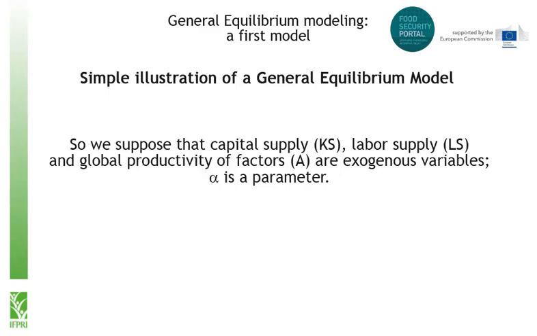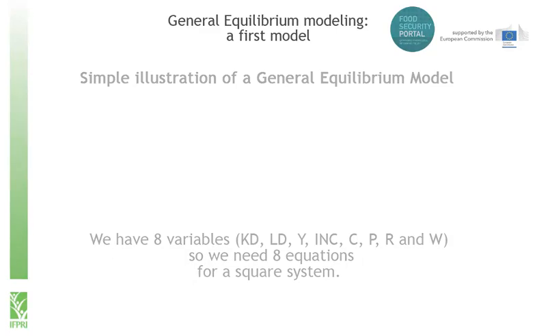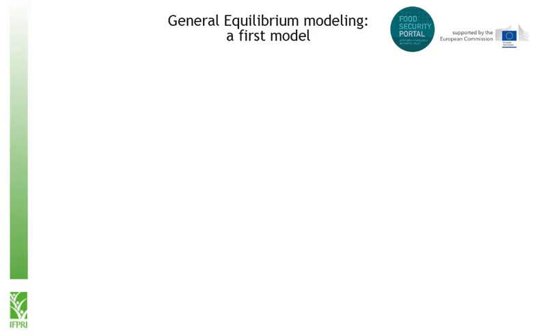So what we have is 8 endogenous variables: KD, LD, Y, INC, C, P, R, and W. And so we need 8 equations for a square system. So let us find out which are the equations that we need for a square system.